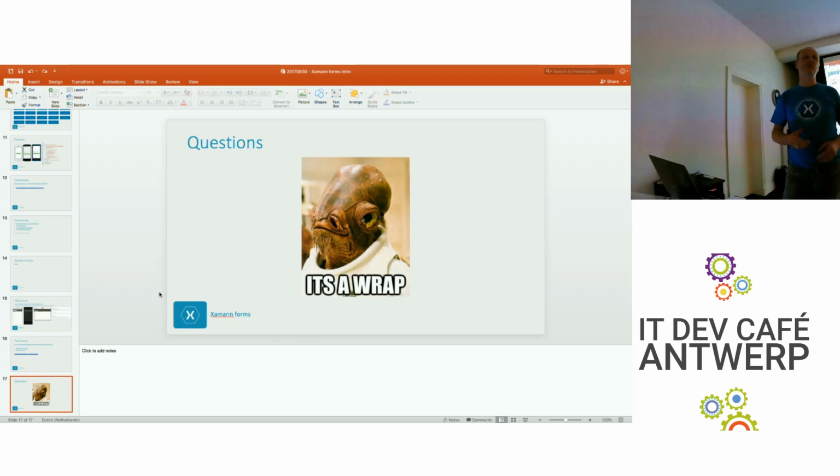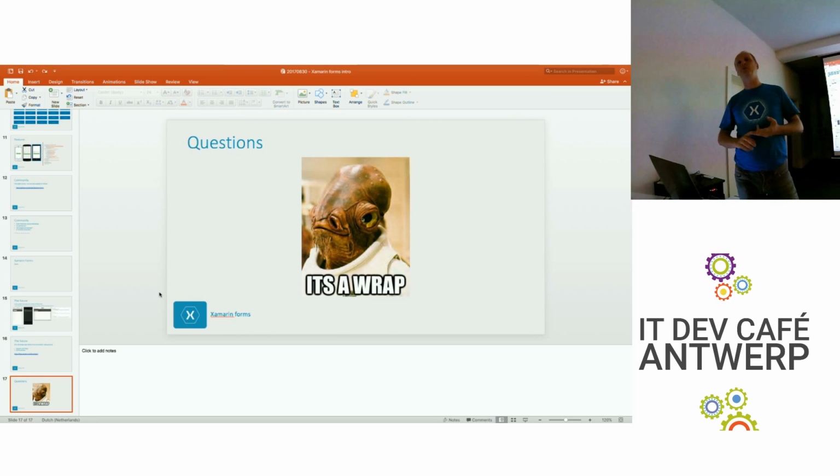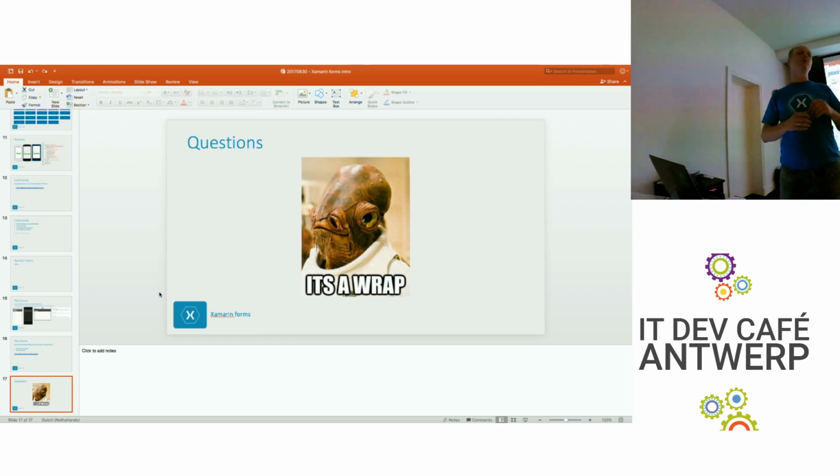So it depends a little bit on who starts with it, what's your background, and how intensive or how native you want your UI to look and feel. Also, I work at a bank, so our bank has a brand. So we wanted to have our app look the same on iOS and on Android. So Forms was for us the best solution.